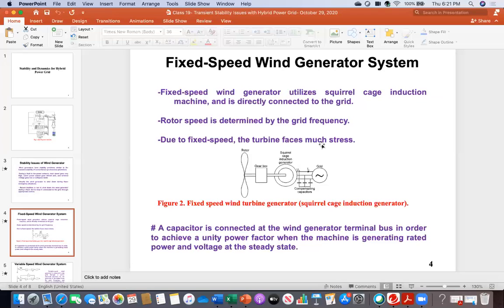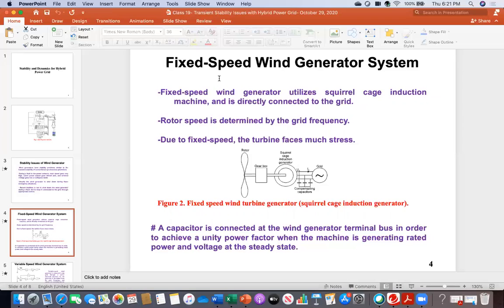So briefly speaking, wind generator systems are of two types. One is called fixed speed, and the other is called variable speed. Fixed speed does not mean that the wind is fixed. Wind speed always varies. For a very short time, you can assume 1 or 2 minutes it can be constant in a particular area, but in reality wind speed is always varying.